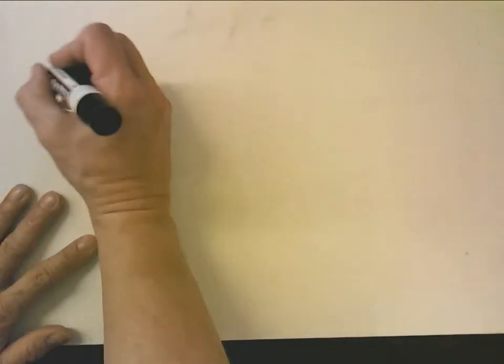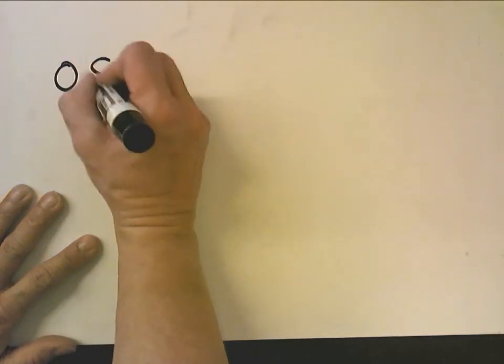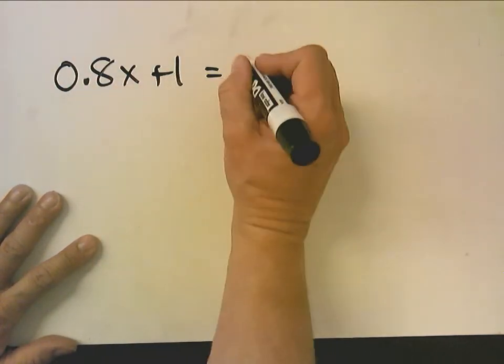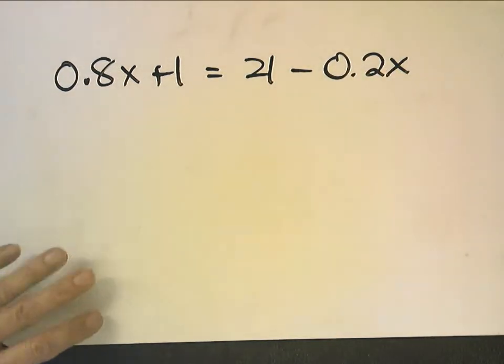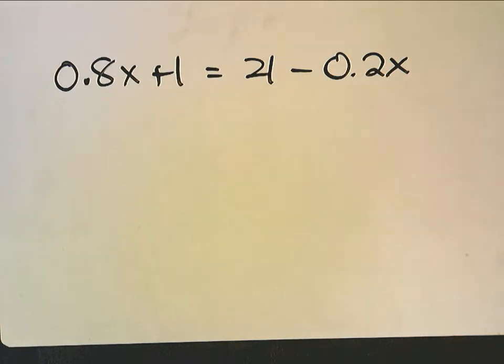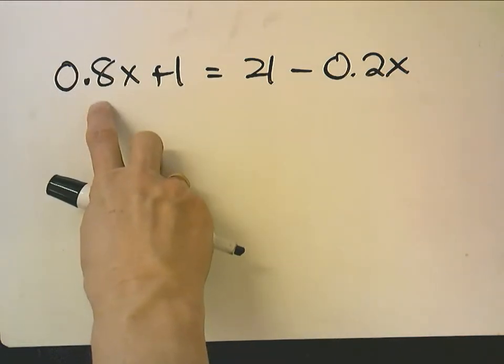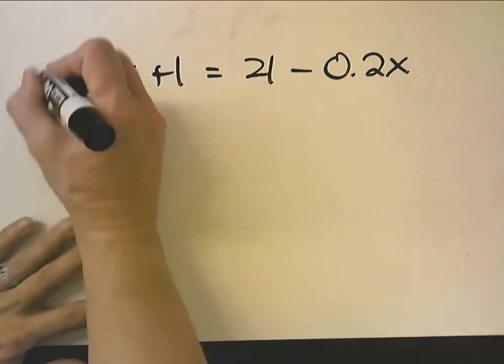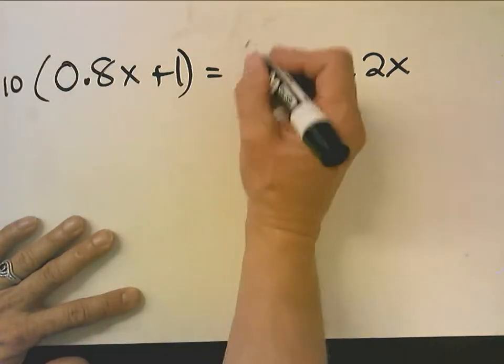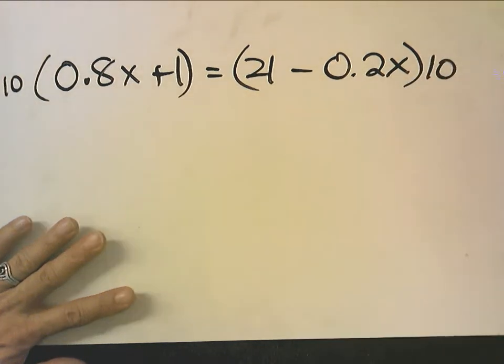Now, number 5, we have decimals. And to clear an equation of decimals, we multiply by, let's say, the common denominator. We know what the common denominator is by reading these numbers properly. This is 8/10, this is 2/10. If I multiply both sides by 10, I will get rid of decimals.